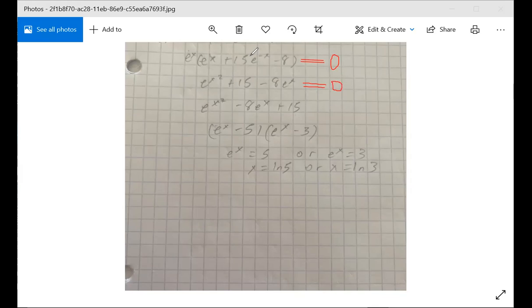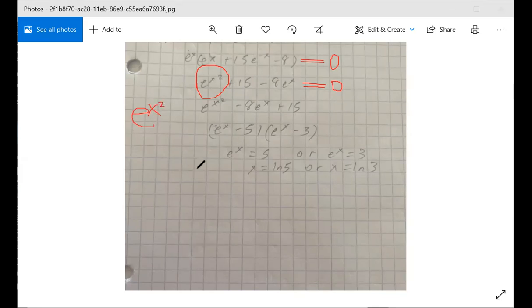Look at here. What do you mean by this notation? What is meant by this notation, Andy? Do you mean e to the power of x squared?